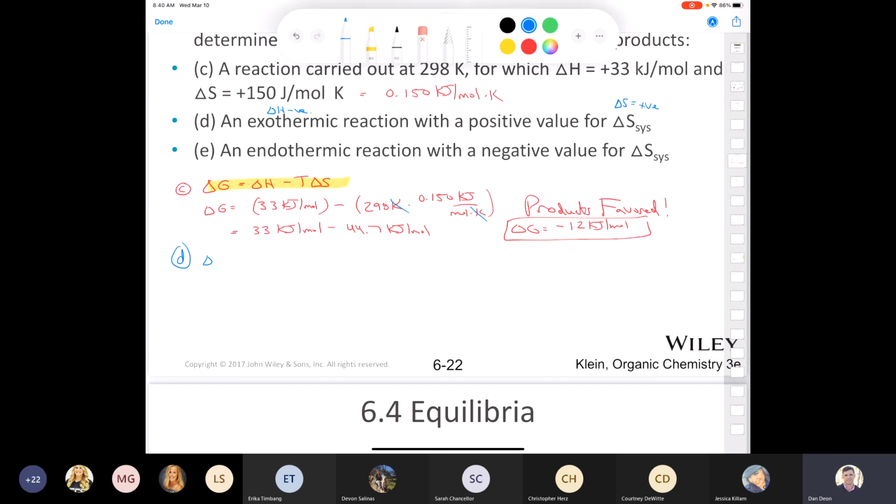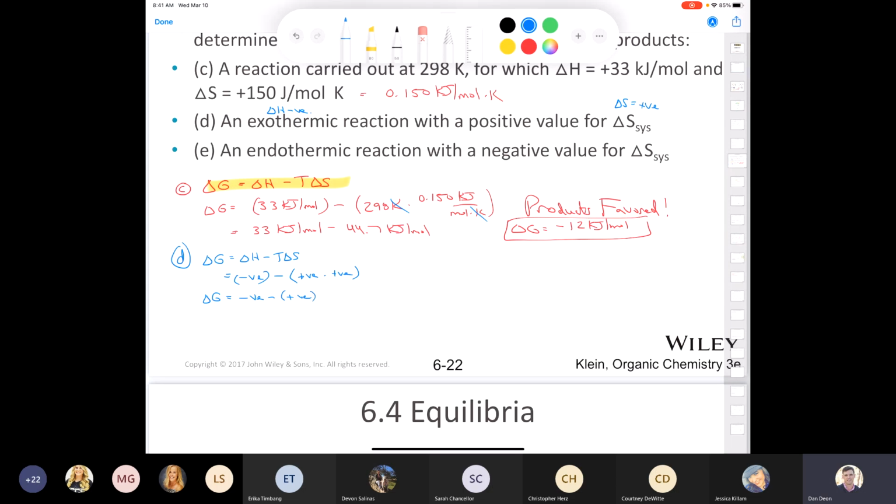So if delta G is equal to delta H minus T delta S, we have a negative number here, subtract a positive number for your temperature times a positive number for your delta S. So that means that delta G is equal to a negative, subtract a positive number.